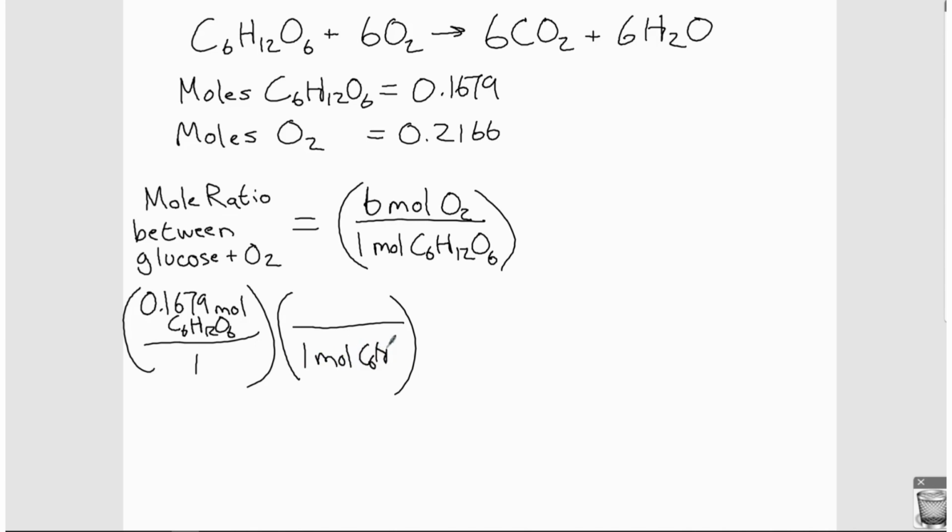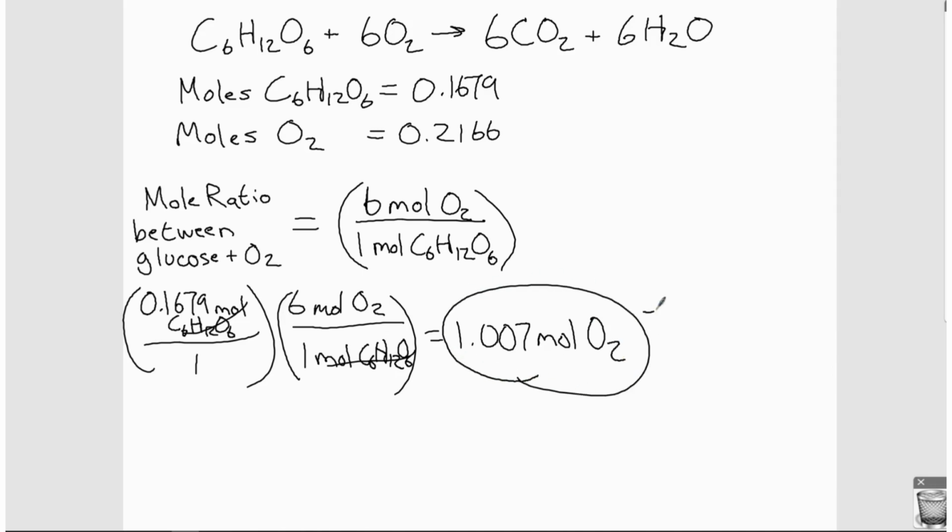But if I have less oxygen than what is needed to react with the 0.1679 moles of glucose, then oxygen is my limiting reactant. And we see that for every 0.1679 moles of glucose, I would need 1.007 moles of oxygen to react with it. Do I have that? Not even close. I only have 0.2166 moles of oxygen.